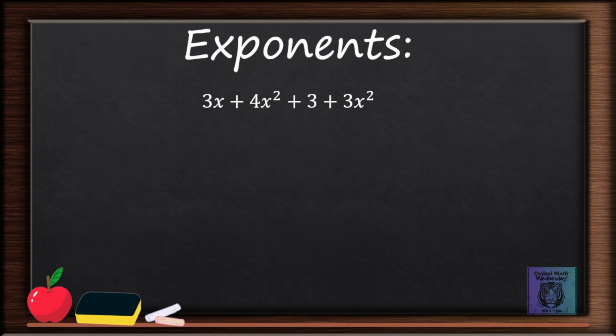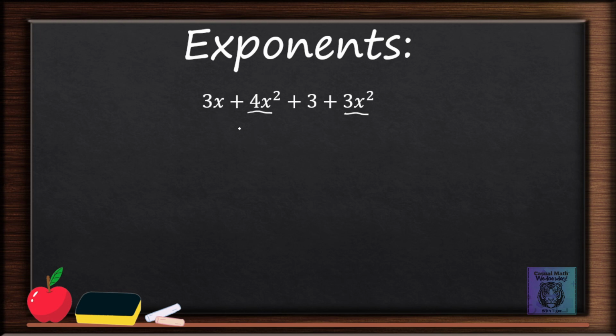Okay, so the first one that we look at, we can immediately see that the 4x squared and the 3x squared are the same term, and the 3x is a term on its own and the 3 is the constant.